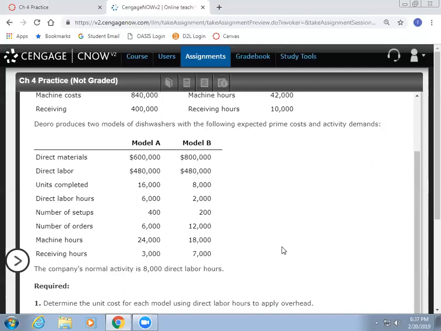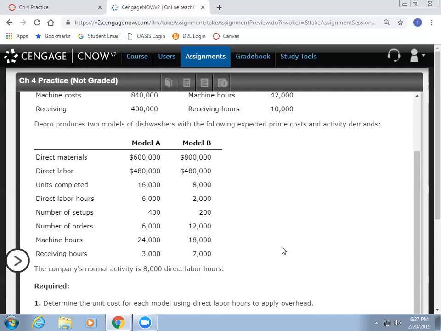Receiving, $40 per hour, and it used 3,000 hours, so 120,000. My arm's getting tired. Yours probably are too, right?